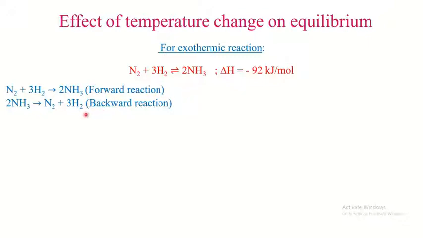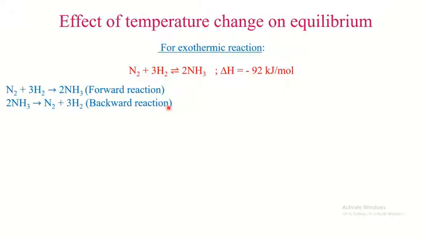How? By occurring this backward reaction, because this forward reaction will again produce heat. It is an exothermic reaction. So if in this condition the forward reaction occurs, then the temperature will increase more, but the temperature should be decreased. How? By occurring this backward reaction.